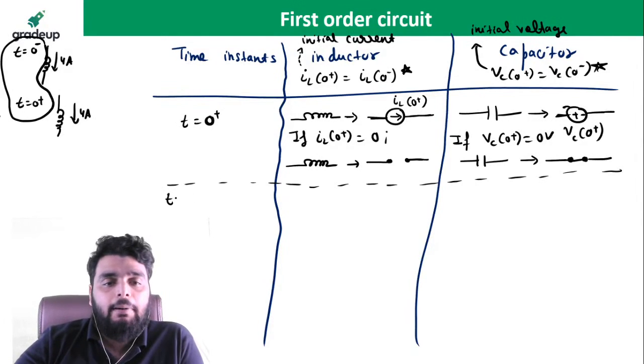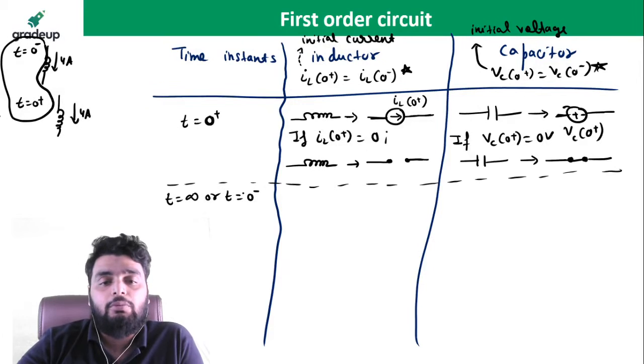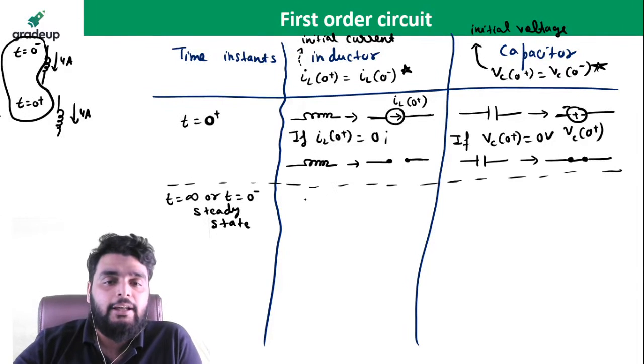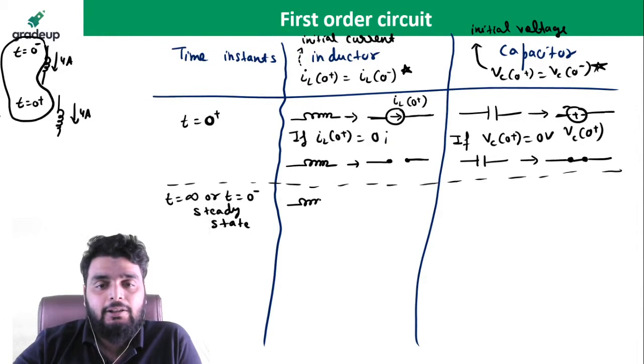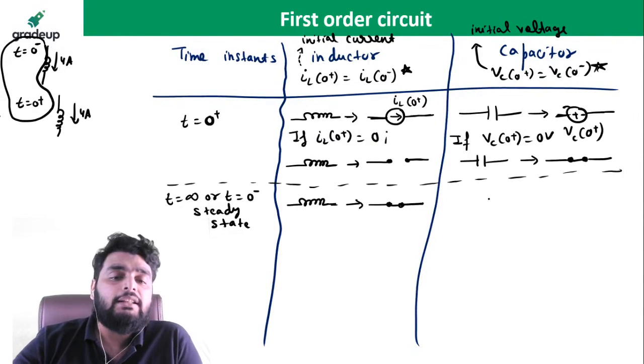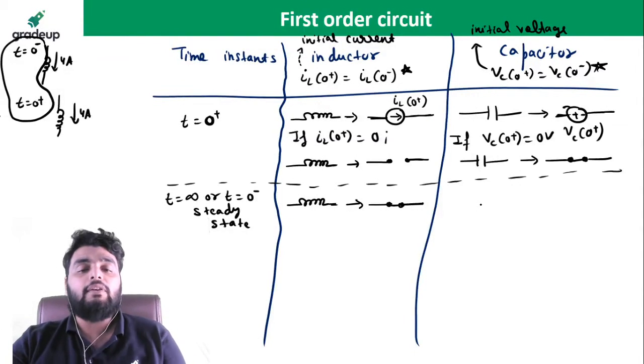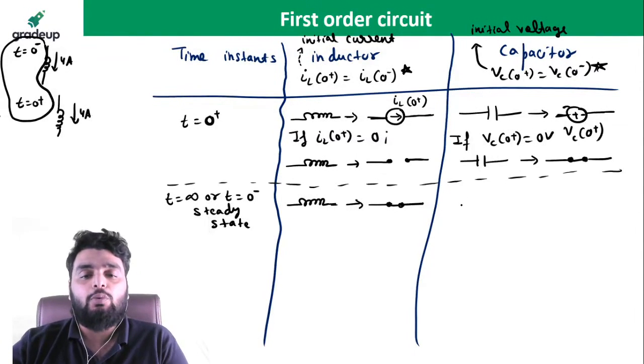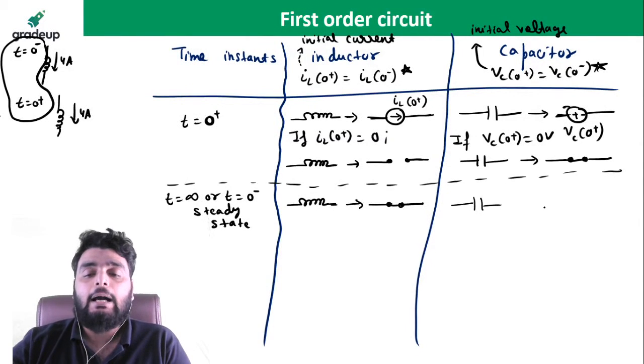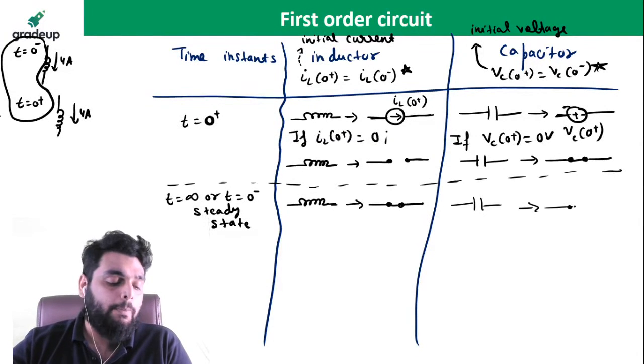Now if I talk about t equal to infinity, or t equal to 0 minus, in both cases this is a steady state value. In steady state, the inductor will act like a short circuit. Whenever you see 0 minus, or whenever you have to draw the circuit at infinity, always remember the inductor will change into a short circuit and the capacitor will change into an open circuit.